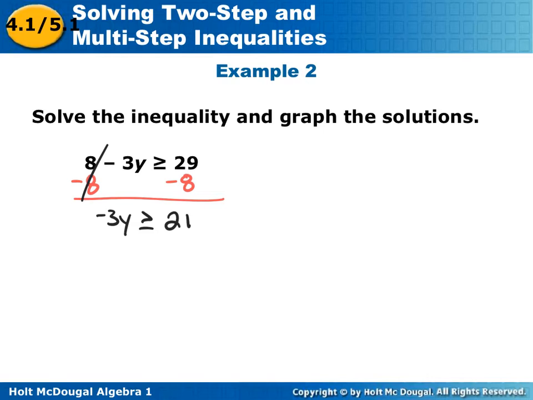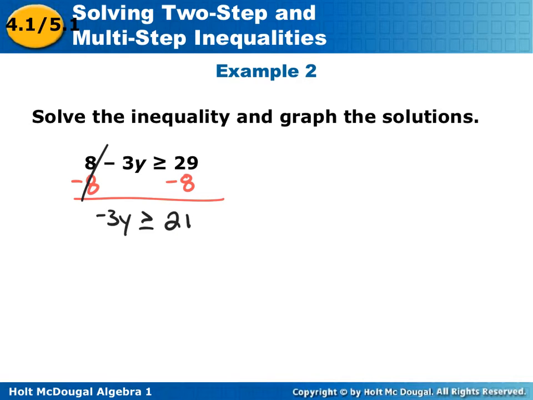All right. Now, here is the fun part about inequalities. Are you ready for the first rule breaker? The first thing that'll make it different, okay, than solving a regular problem. Whenever you multiply or divide by a negative number, it means you have to flip your inequality. So instead of facing the negative 3y, once you divide by negative 3, it will now face the other side. Okay?